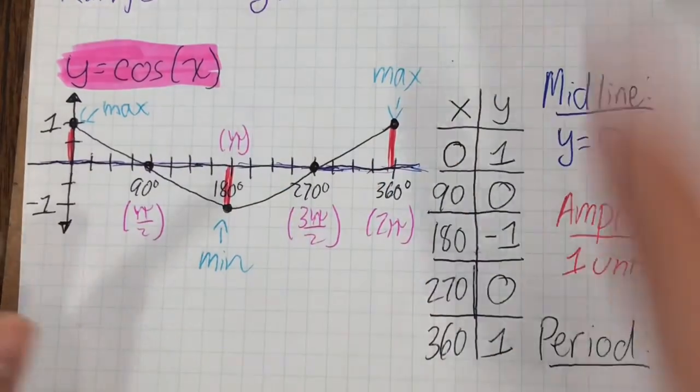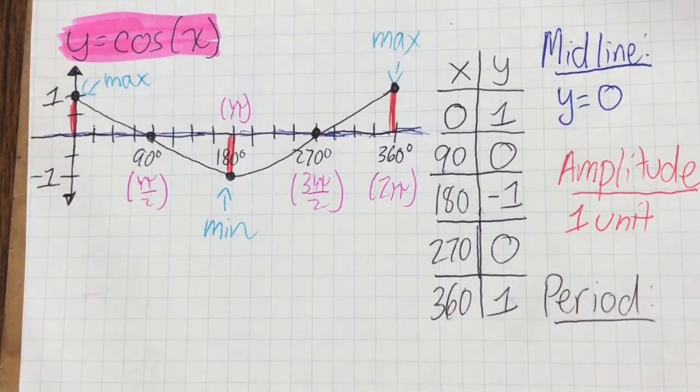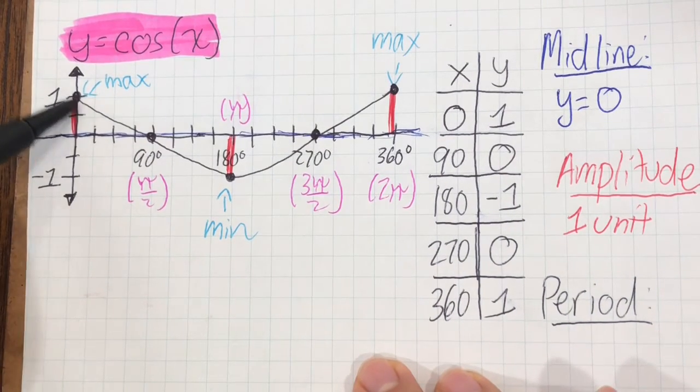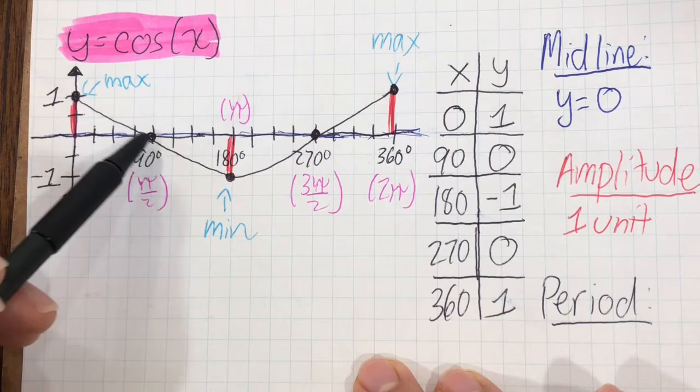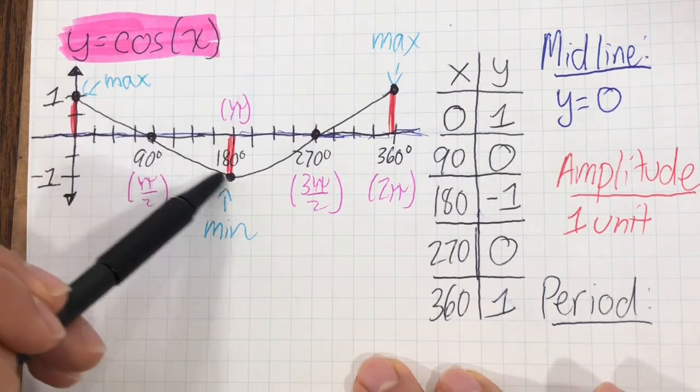All right, so for the period of the graph, if you take a look, we're starting off with 0, 1, which is the maximum point. So we go from max to mid to minimum point.